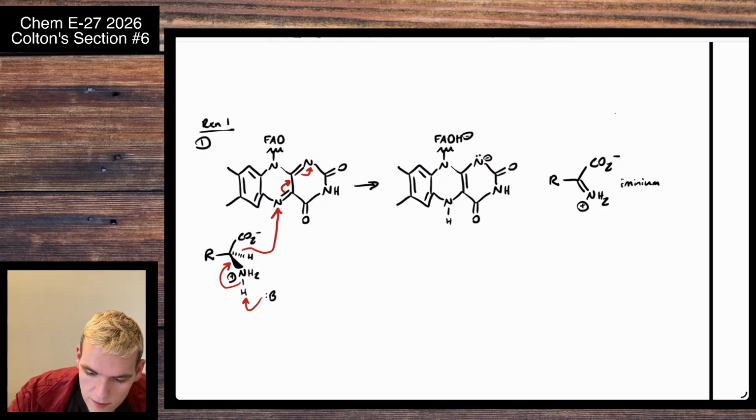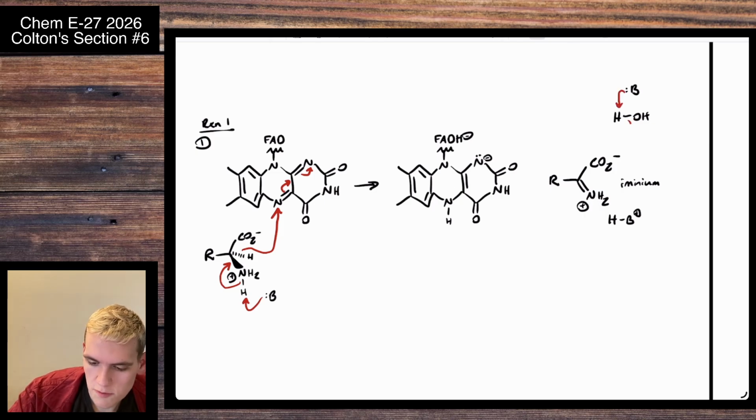So now at this point, a water comes in with a little general base, and we have a little general acid down here. The base deprotonates the water so that the water can do the attack of the imine or iminium. Then we're going to push up and grab a hydrogen.